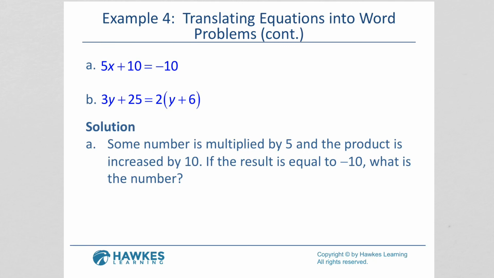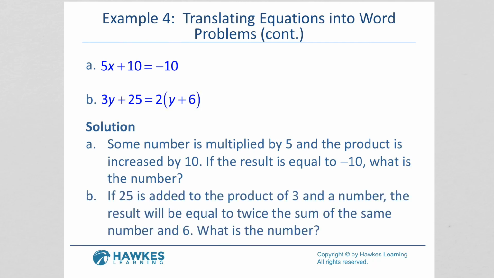For A, some number is multiplied by 5 and the product is increased by 10. If the result is equal to negative 10, what is the number? For B, if 25 is added to the product of 3 and a number, the result will be equal to twice the sum of the same number and 6. What is the number?